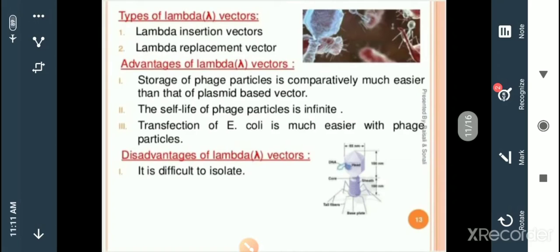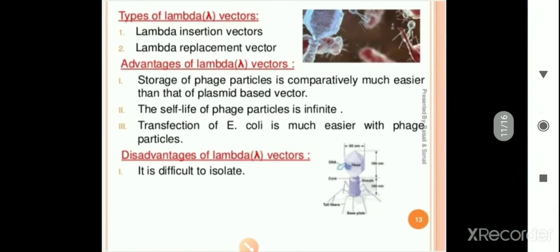In the case of diseases like cancer or oncogenes, if you don't want to create such cells, then we can use the replacement type of vectors.